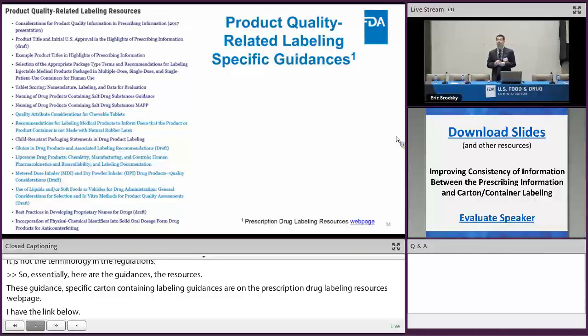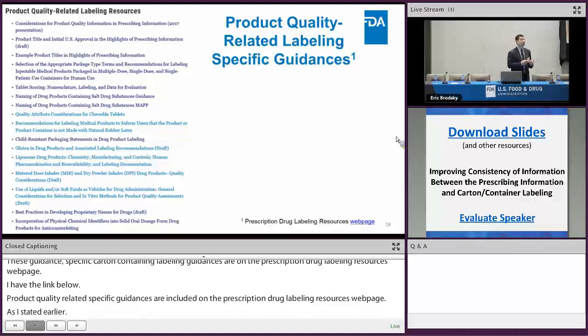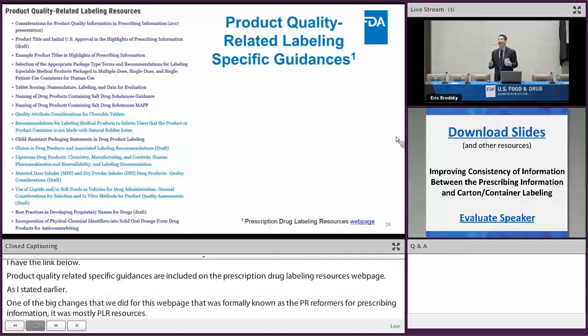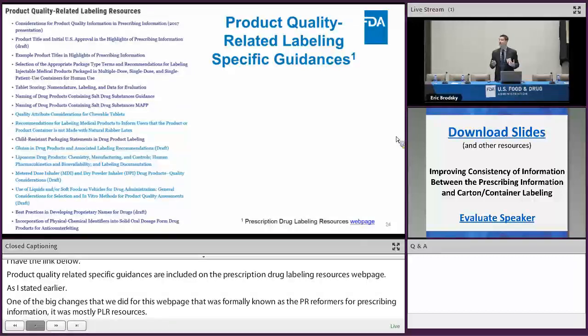As I stated earlier, one of the big changes we made is that this webpage was formerly known as the PLR requirements for prescribing information. It was mostly PLR resources. We've expanded that to product quality and also carton container labeling. And also, as you heard in the earlier talk, patient labeling, biological product labeling, lots of information.